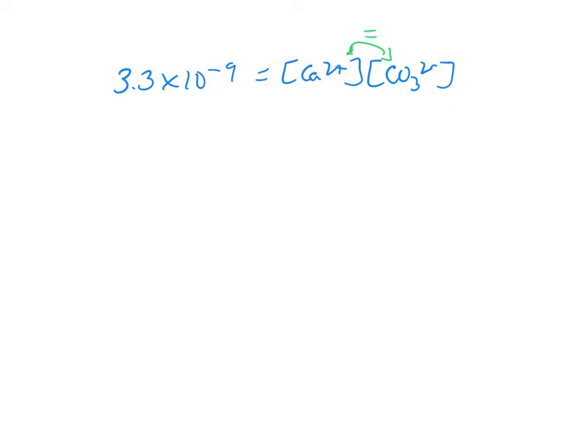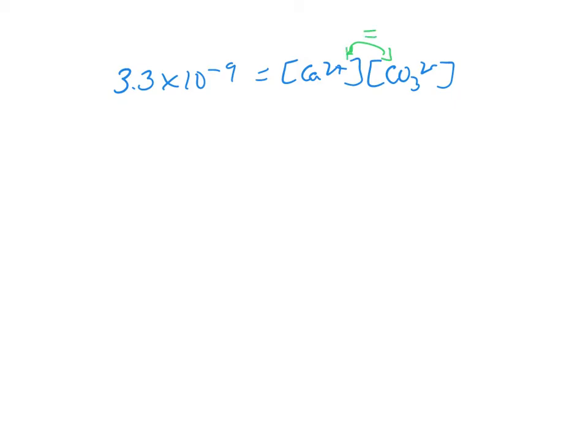And that's a pretty easy math problem to set up, simply because we know that 3.3 times 10 to the negative ninth equals the molarity of Ca2+ times the molarity of CO3 2-. Well, in a solution of just calcium carbonate, these two things are going to be equal to one another, because every time we get one, we get one of the other.